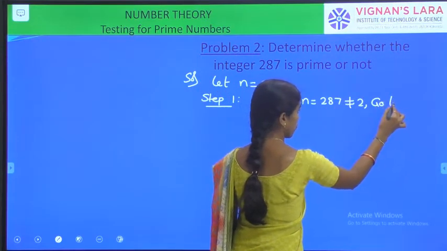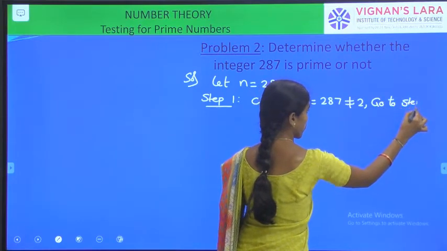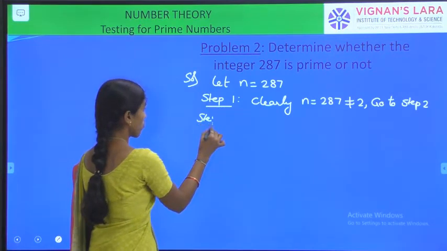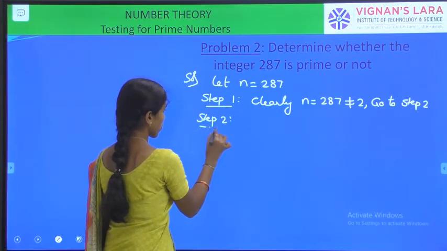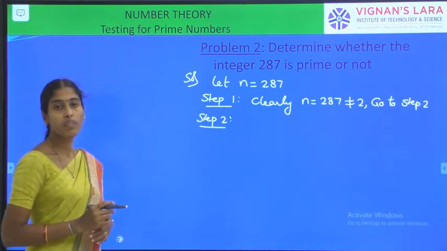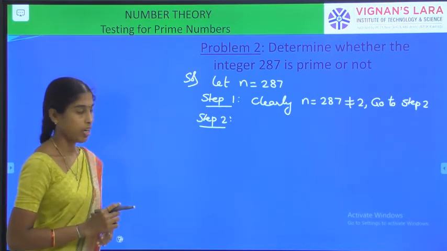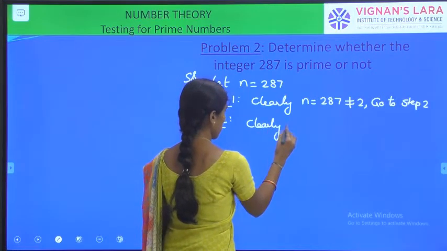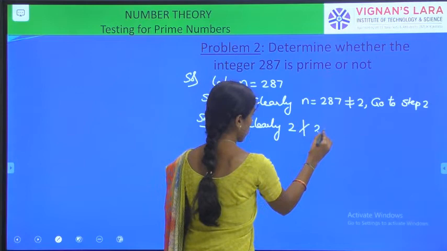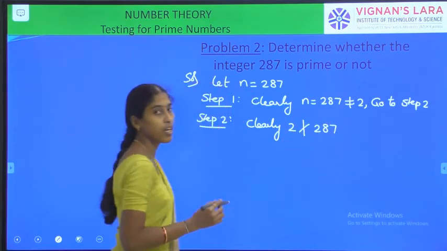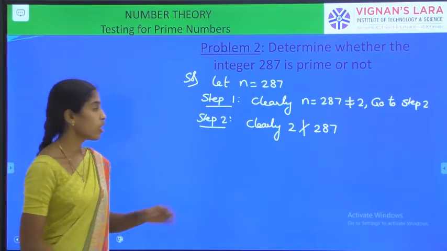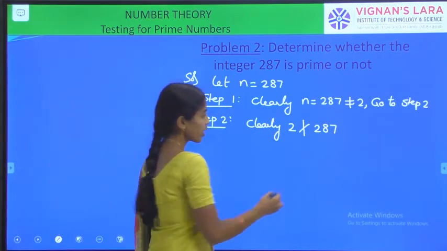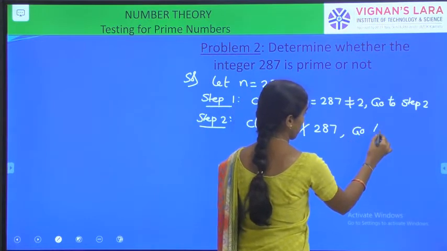So go to step 2. In step 2, we have to check whether 2 divides n or not. Clearly 2 does not divide 287 because 287 is an odd number. 2 does not divide any odd number. So in that case we have to go to the next step.